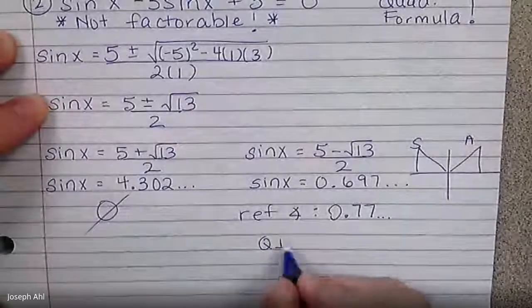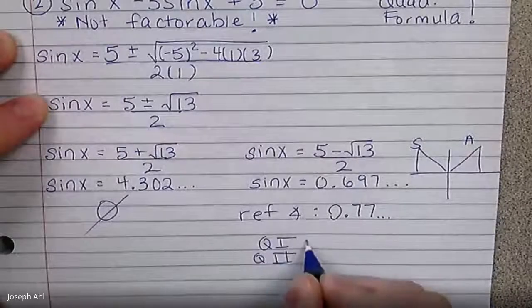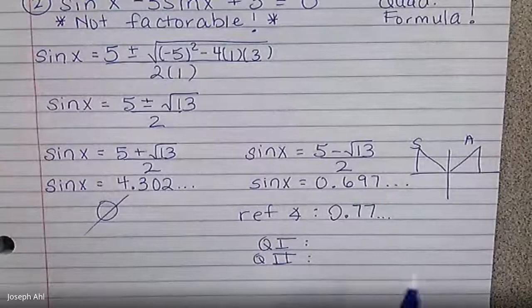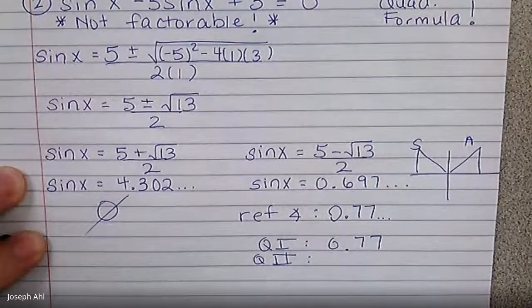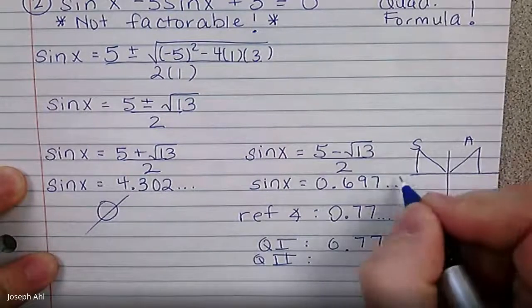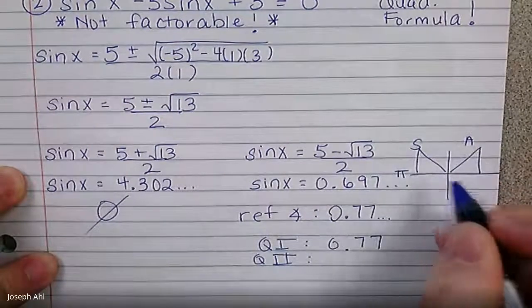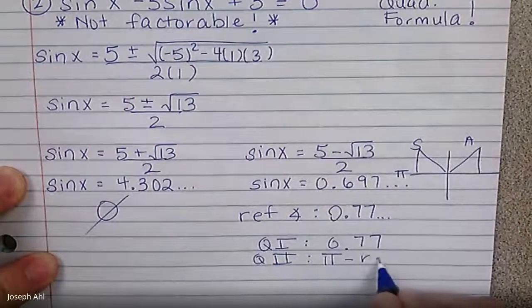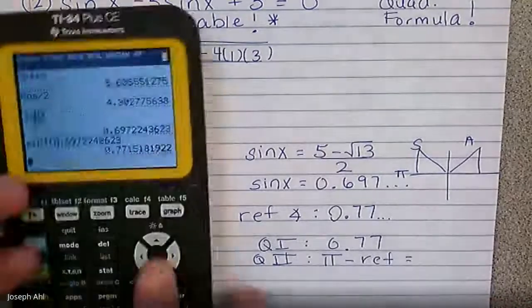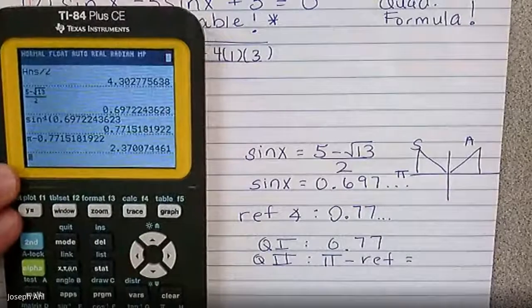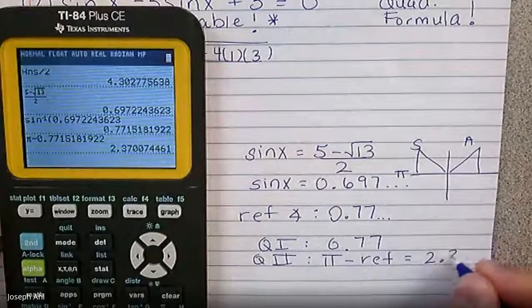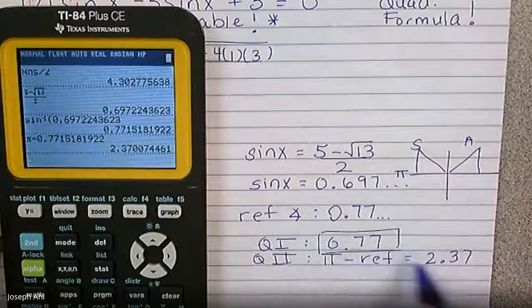One of them is quadrant 1, the other is quadrant 2. Quadrant 1 is nice because the answer is the reference, 0.77. As a reminder, in quadrant 2, halfway around is pi, so it's pi minus the reference. So pi minus that 0.77 is 2.37. And these are the only two answers.